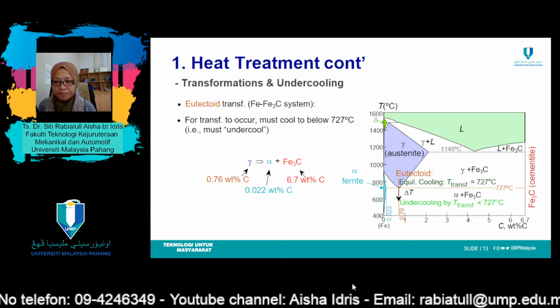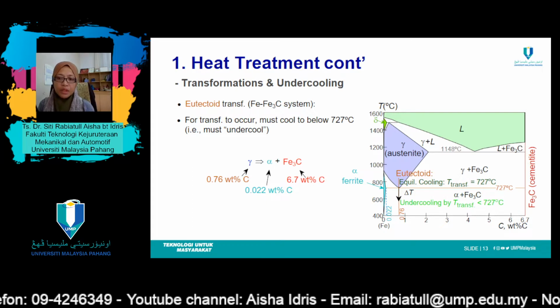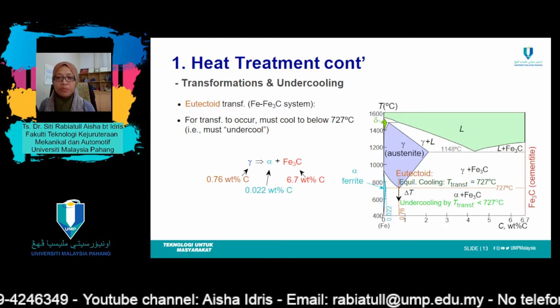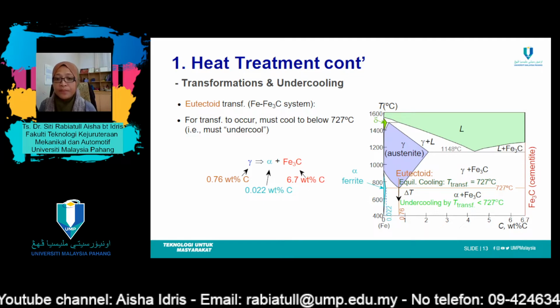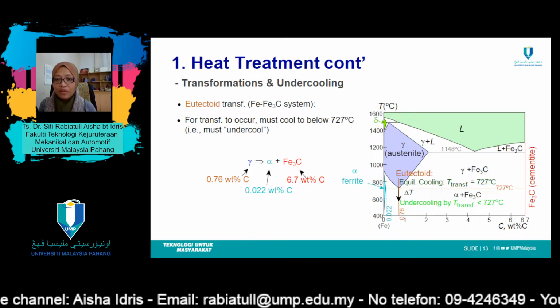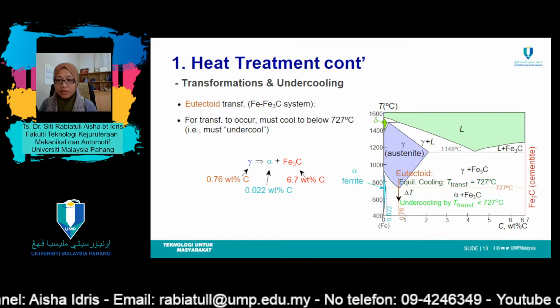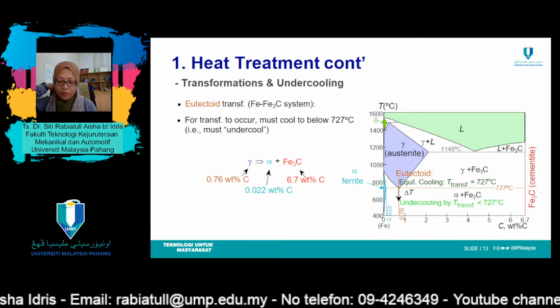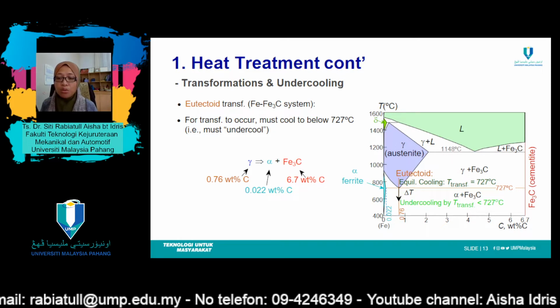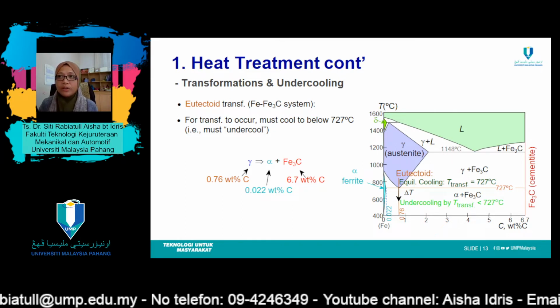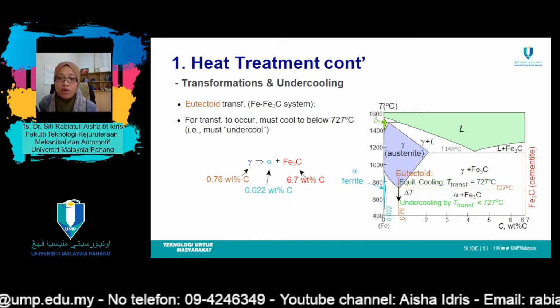And okay, so for today, we are going to look at the transformation as well as undercooling for these phases. For example, before this, in the previous lecture, you have learned that slow cooling will form different structures of the materials.